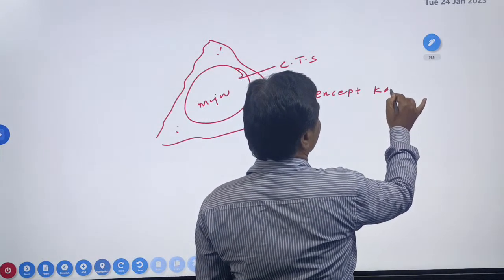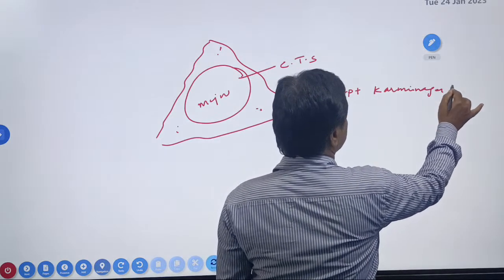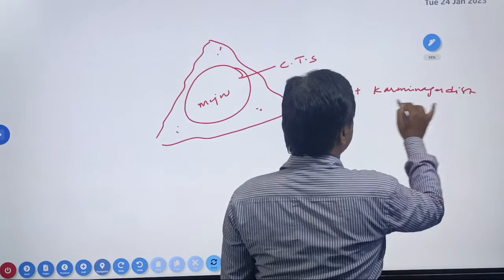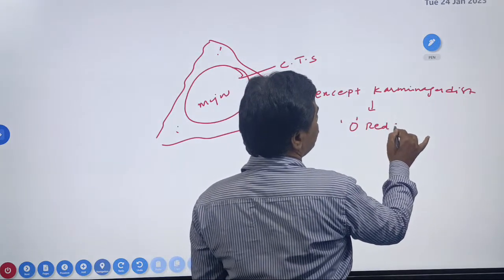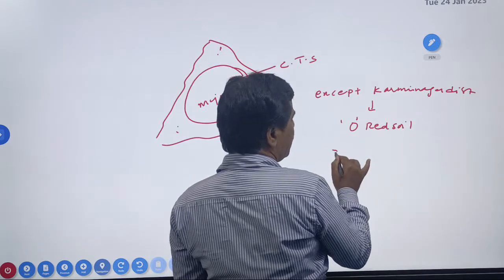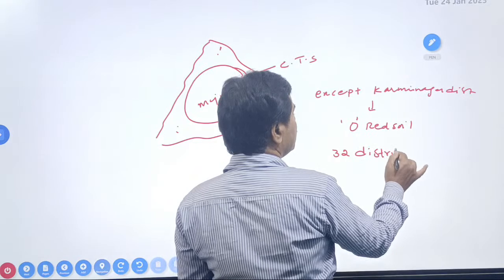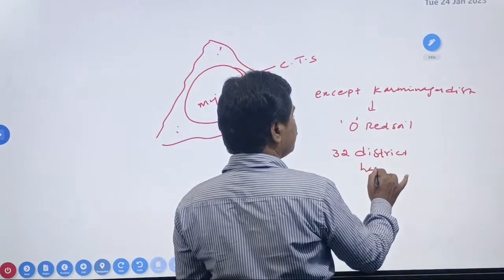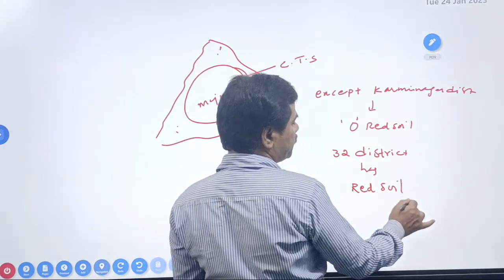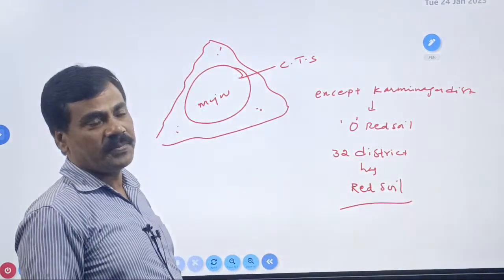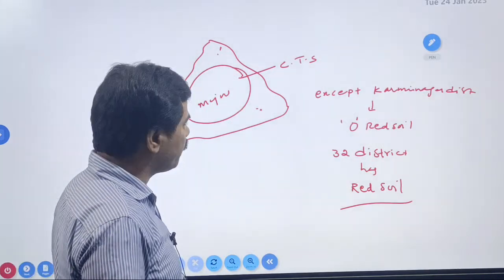Except Karimnagar district, which has zero red soil, the remaining 32 districts have red soil percentage. The red soil percentage is more.